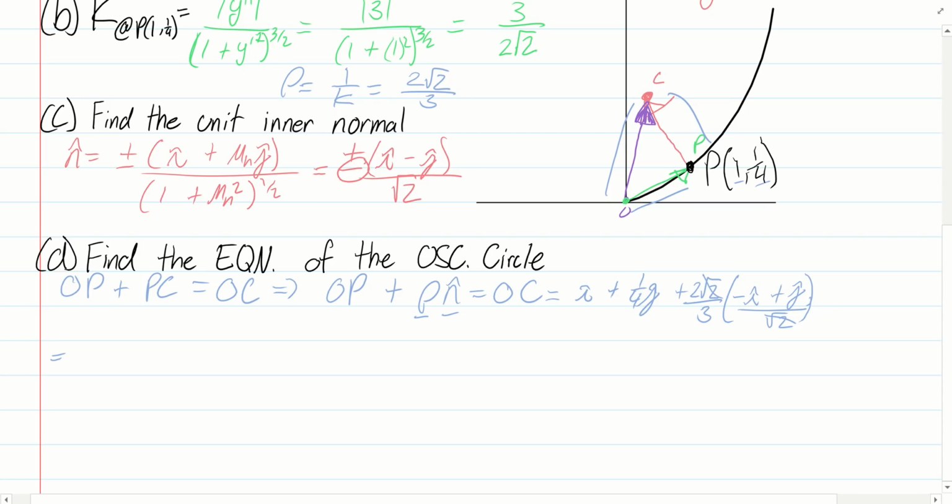OC, so we can only combine the i's together. So we're going to have 1, this is going to become a minus 2/3 i, because I took the coefficient of this term and the coefficient for this term and combined them, since 2 over 3 is distributed to both the i and the j.